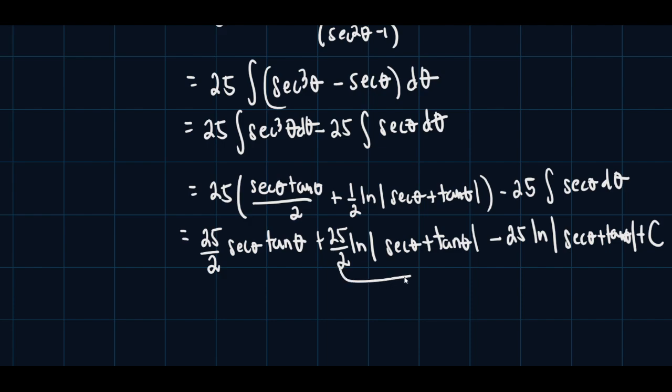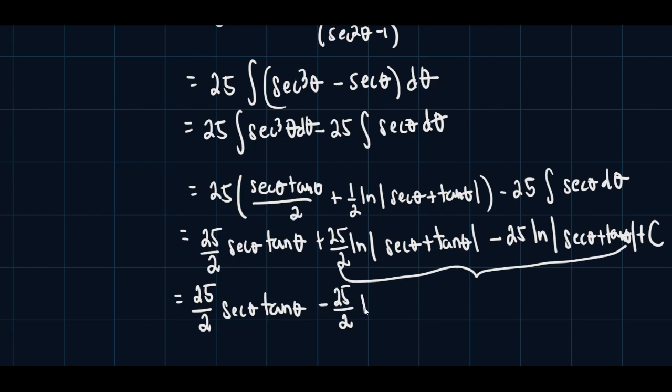We can combine these two terms. 25 over 2 secant theta tangent theta minus 25 over 2 ln ng secant theta plus tangent theta plus c. Now again, the last step is for us to rewrite this in terms of x.